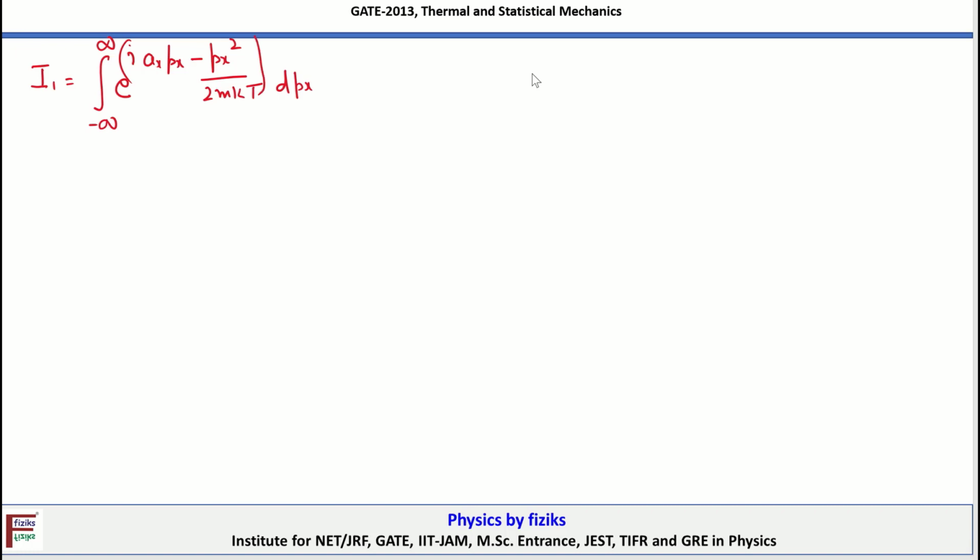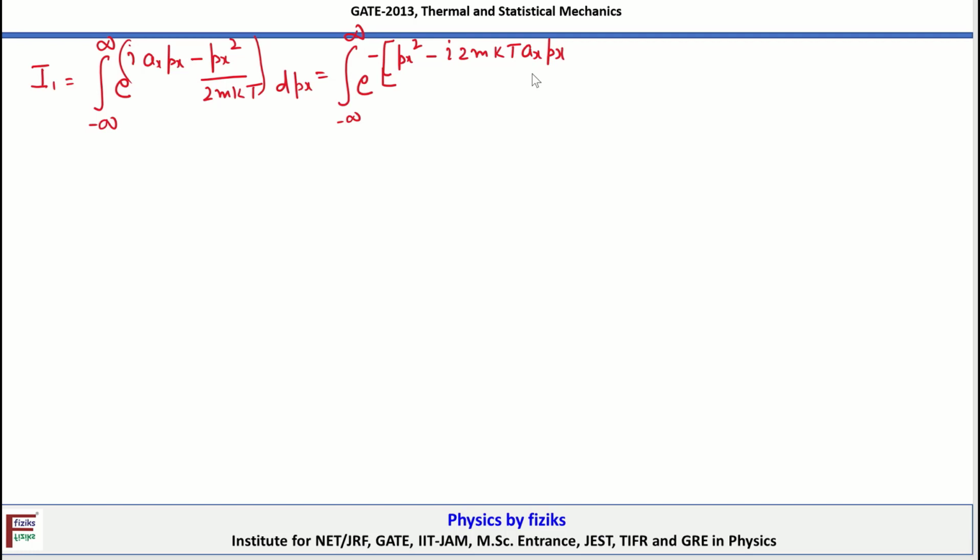Now this is equal to the integral from minus infinity to infinity of exponential minus, and inside the bracket we will have the px square term first, and then minus iota 2m kt into ax px.